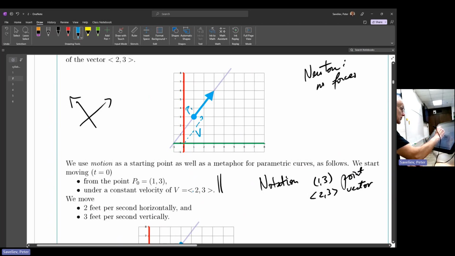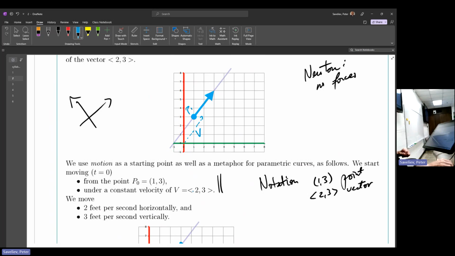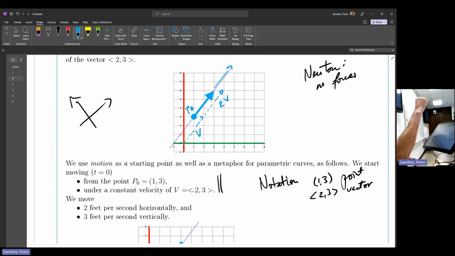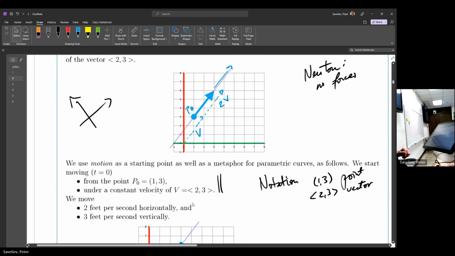So what happens is I copy v and attach it to the initial point, or I first multiply v by something. So I can say maybe this will be 2v, right? If I take that 2v and copy it to start at p naught, that will give me the progress after 2 seconds.